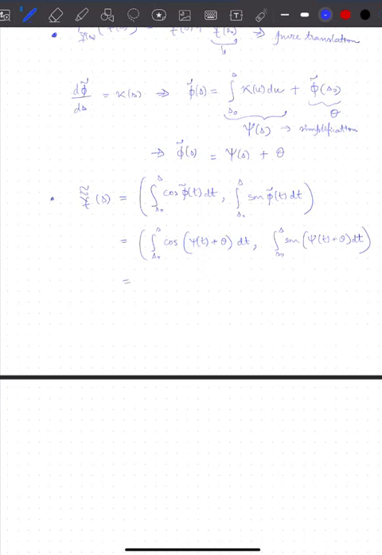Now we'll use all those trigonometric identities. We'll expand cosine of psi of t plus theta.